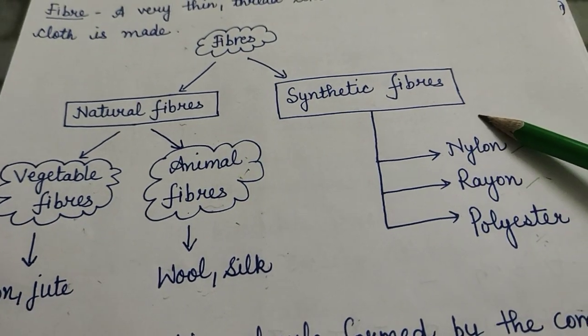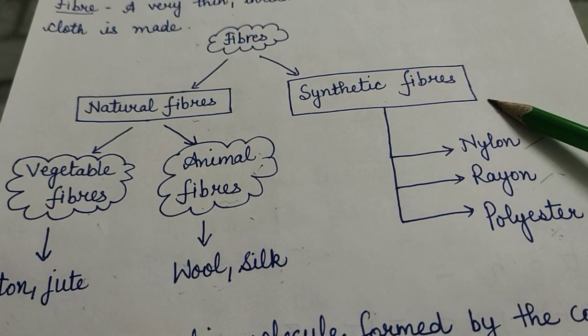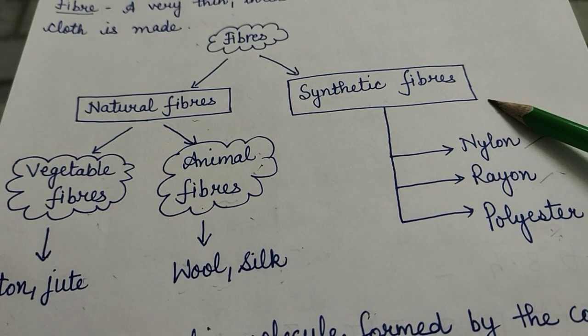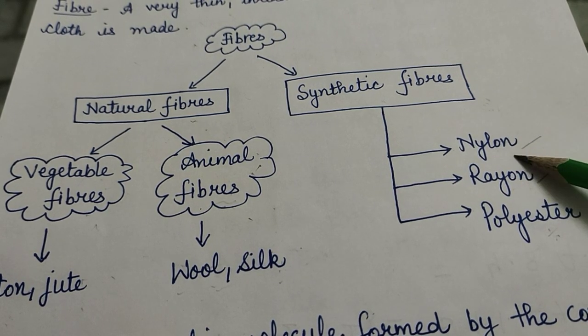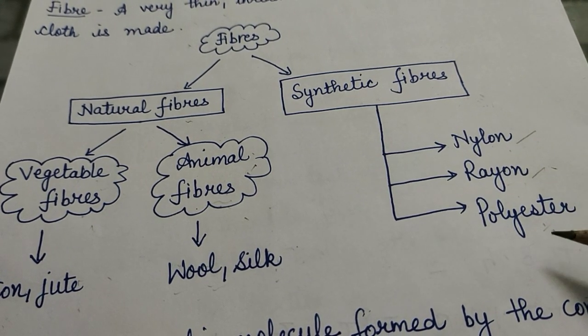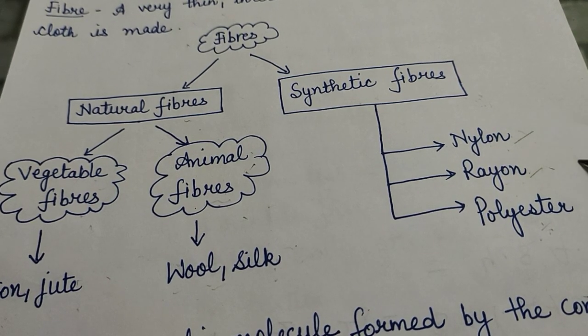Next we have synthetic fibers that are made by human beings, that means chemically. The examples of synthetic fibers are nylon, rayon, polyester. After this, we will discuss all three synthetic fibers in detail.